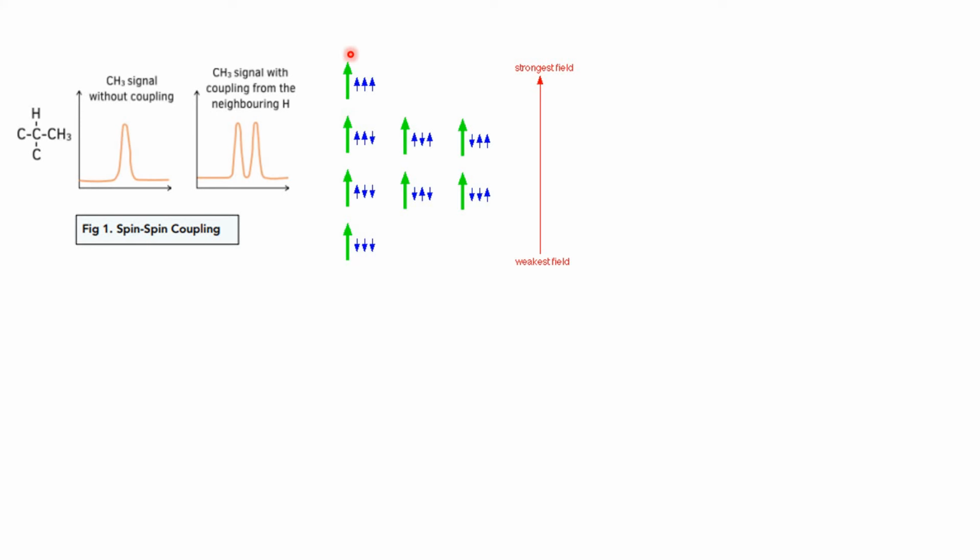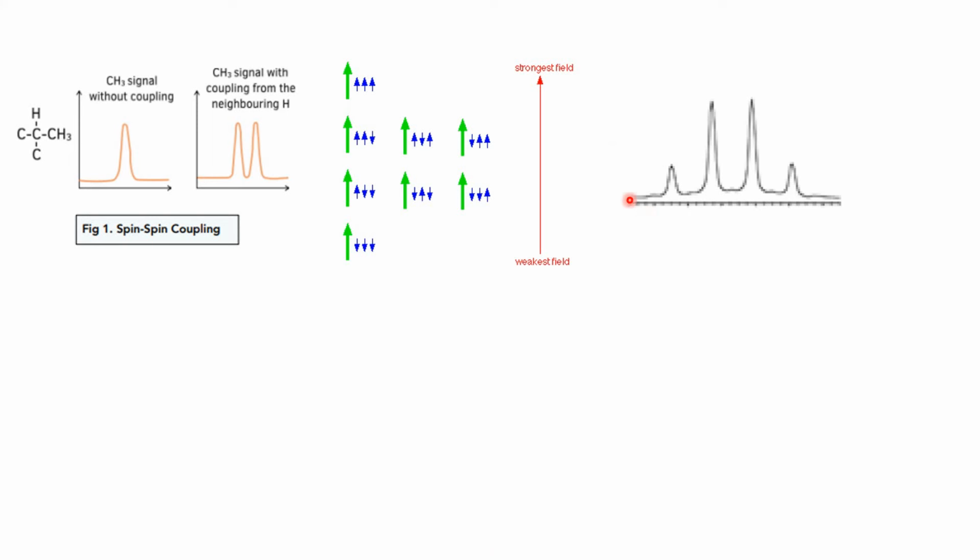And this combination where all these primary protons are aligned with the external magnetic field, then the tertiary proton will experience the strongest magnetic field, so it will absorb at lower magnetic field or downfield.